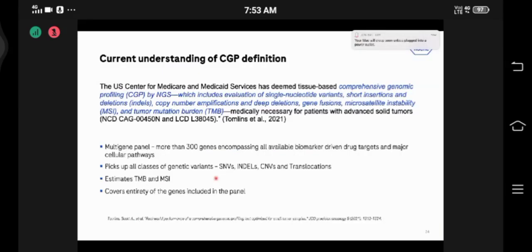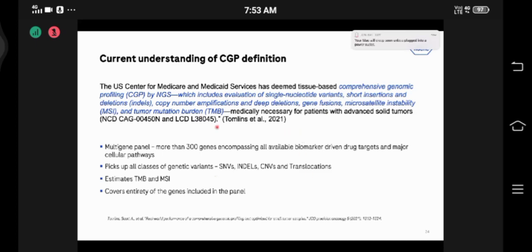Multiple institutes and multiple bodies have defined CGP in different ways. The US Centers for Medicare and Medicaid Services has deemed tissue-based CGP, which includes evaluation of single nucleotide variants, short insertions and deletions, copy number amplifications and deep deletions, fusions, MSI, and tumor mutational burden, medically necessary for patients with advanced solid tumors.